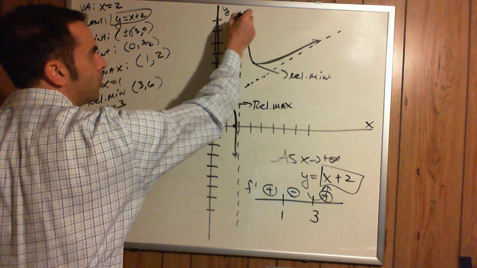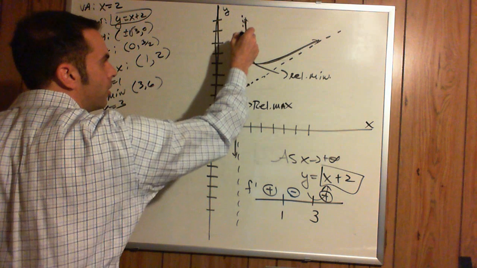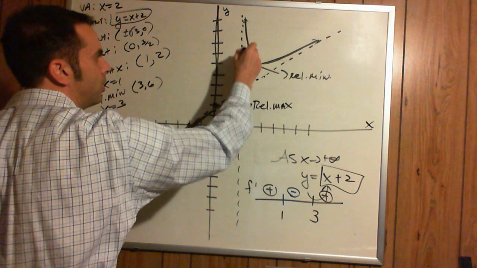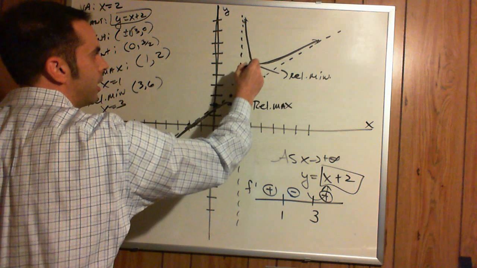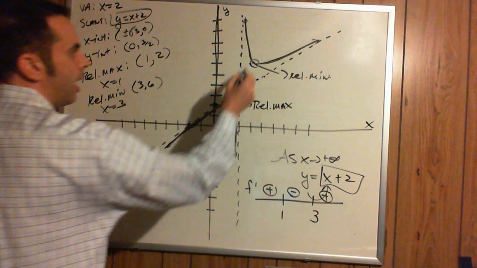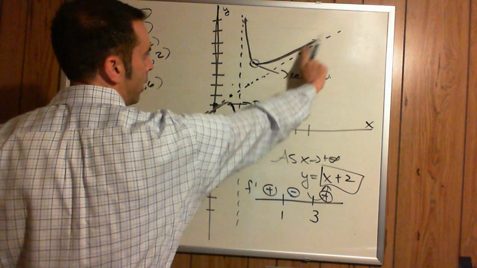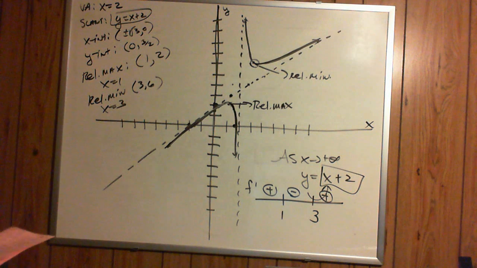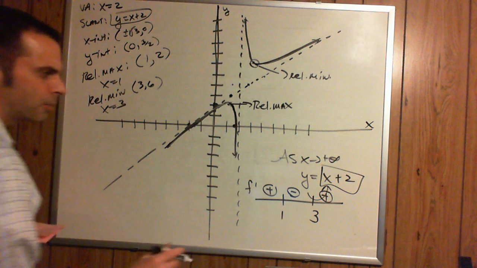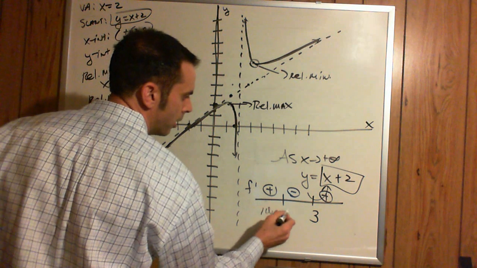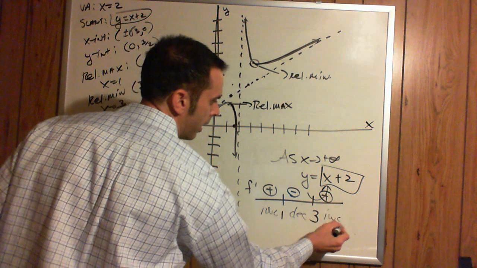Now as we pick up and resume the graph, still this graph is falling. It is still decreasing until it hits x is equal to 3, and then it increases away from it. As x gets big, the y's are getting big, and therefore we have a relative min there. So it does match up: increasing here, decreasing, and increasing.